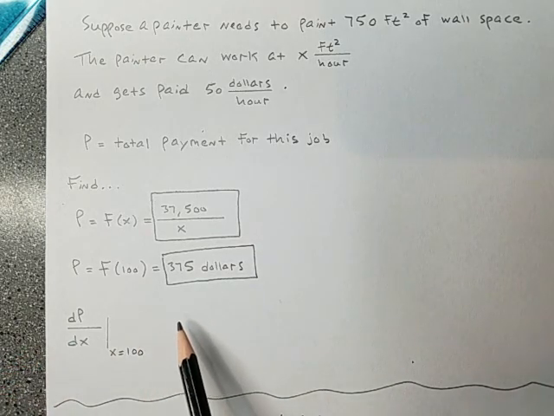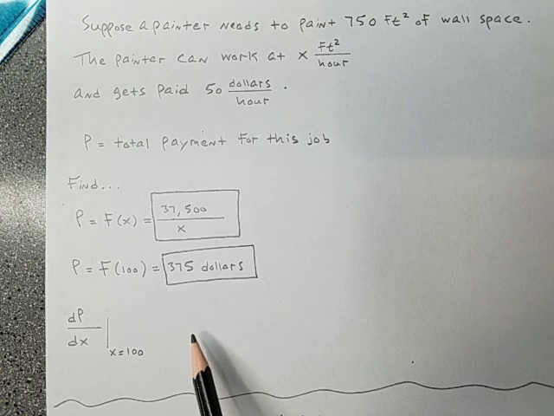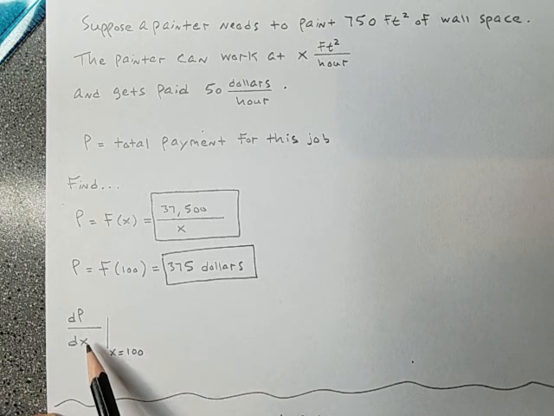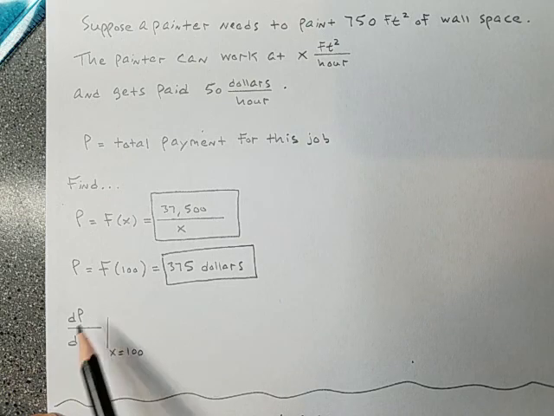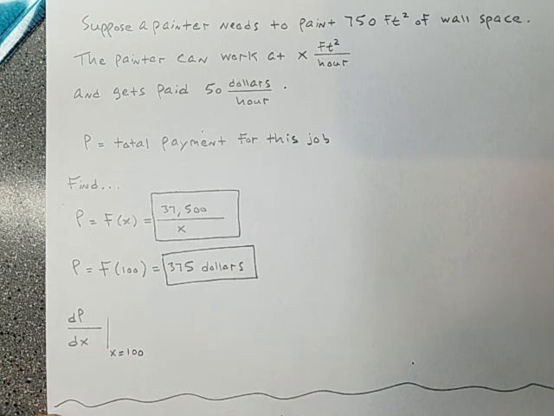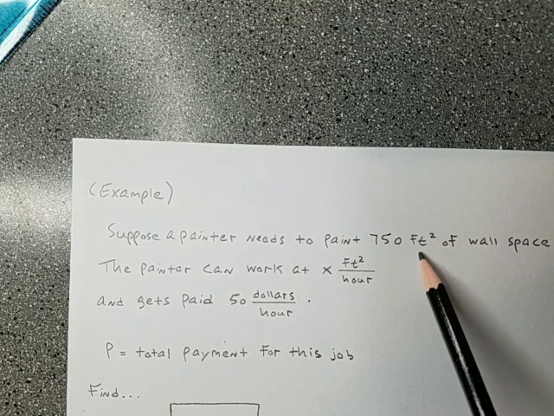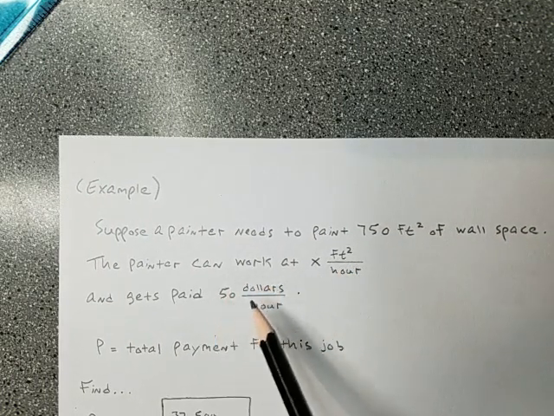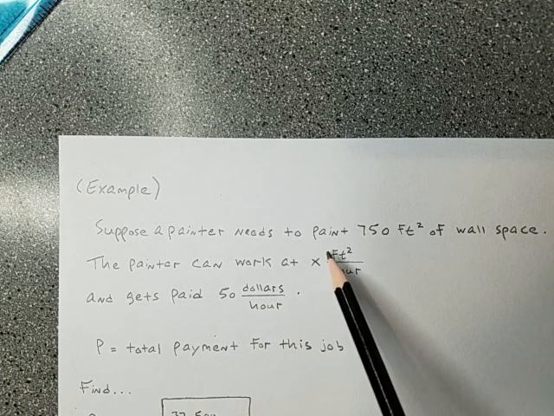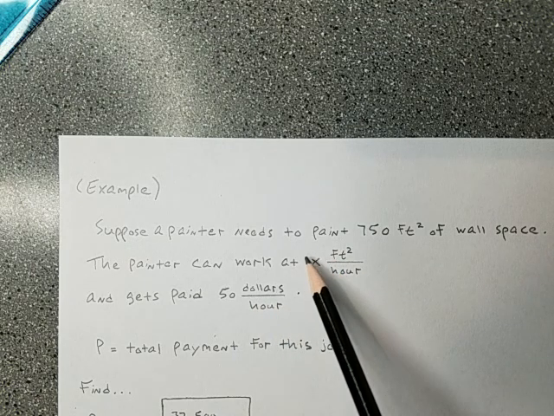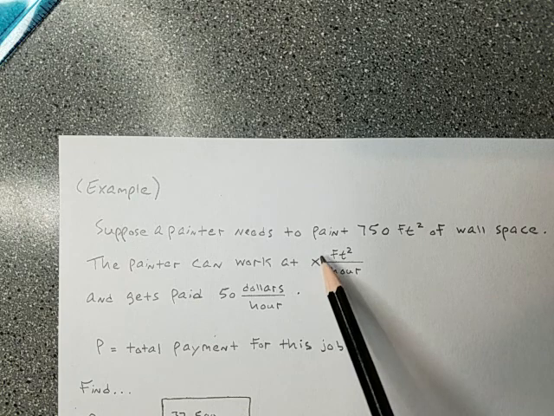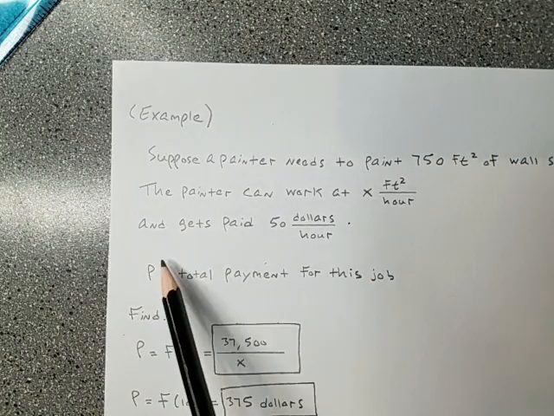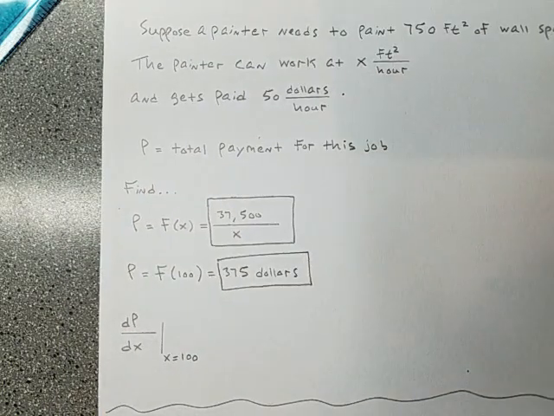All right, so here's what I'm thinking. I'm going to predict something about this. I'll predict that it will be a negative number, okay? And here's why I'll predict it's going to be a negative number. Because as one of these goes up, the other's going to have to go down. Suppose you're painting 750 square feet, and you get paid $50 per hour. Isn't the faster you work X going to mean the less your total payment for the job is?